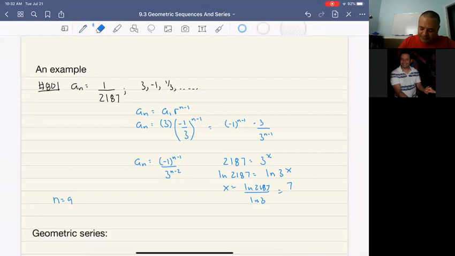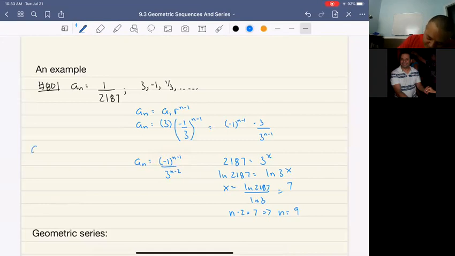Okay, now, let me write that down. Now I'm just going to double check and make sure that works, because I wouldn't have to normally, but that minus sign, I just want to make sure that it works.